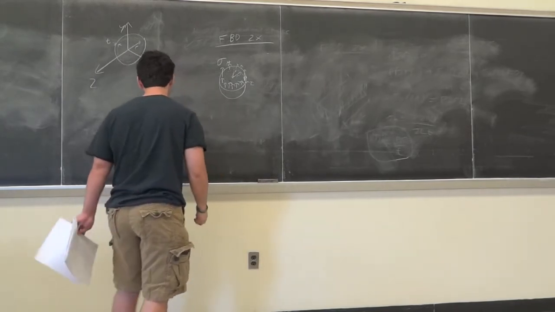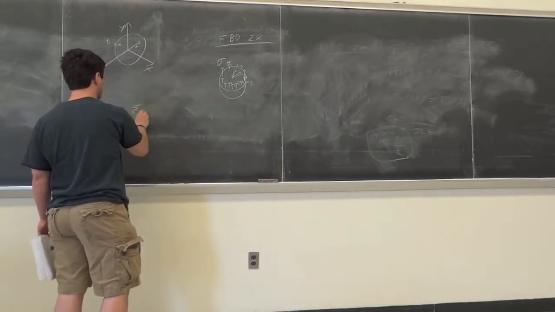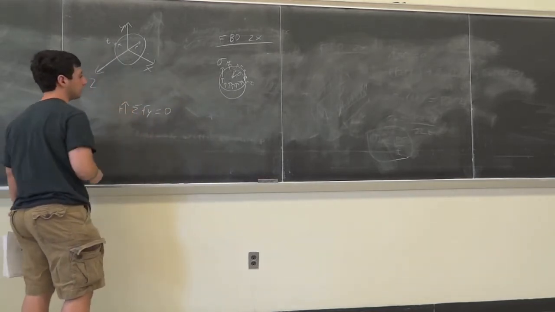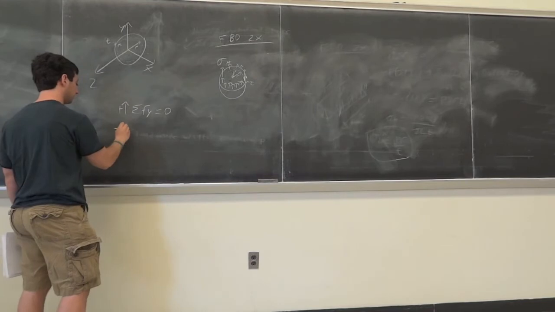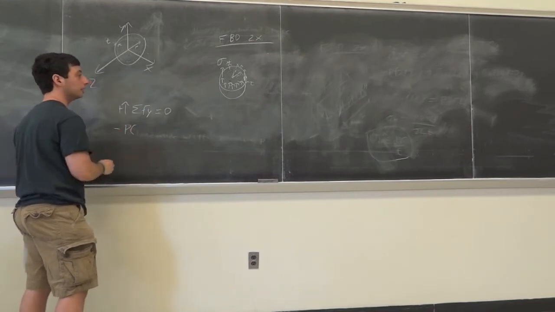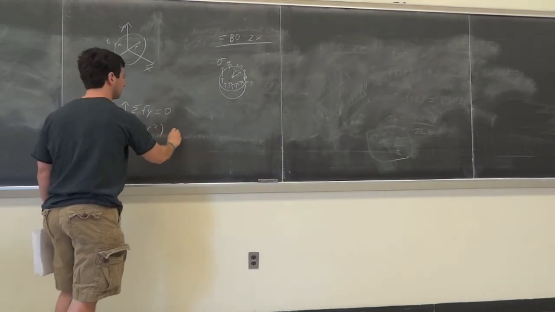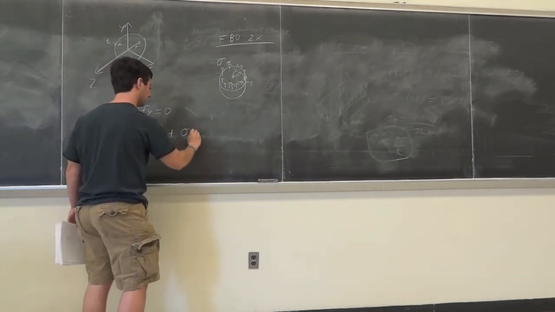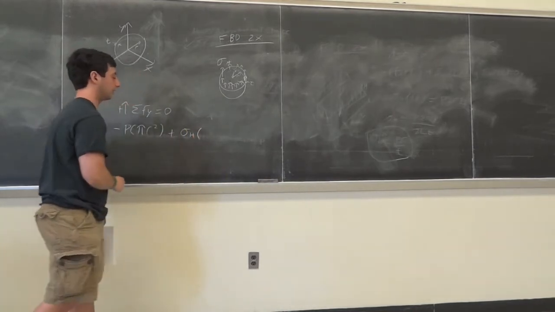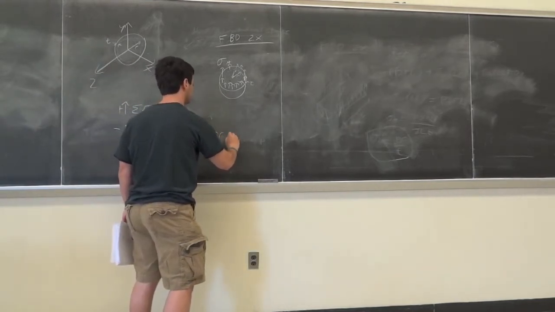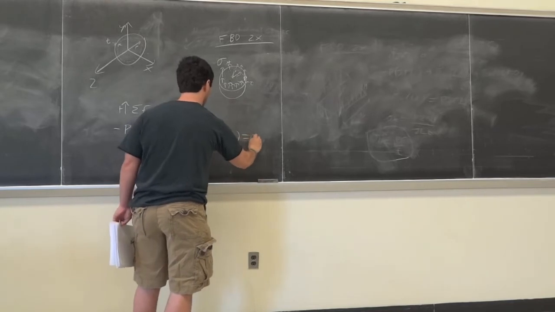All right, so let's do force balance. Summing the forces in the y direction to be 0, taking upwards to be positive. What do you guys got? Minus P times what's the area? Pi R squared. Pi R squared plus sigma h times its corresponding area, 2 pi r times t, is equal to 0.